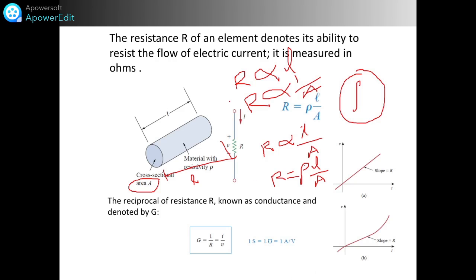This is the circuit symbol of the resistance. I is the current flowing through the resistor, and the voltage dropped across the resistor is V.